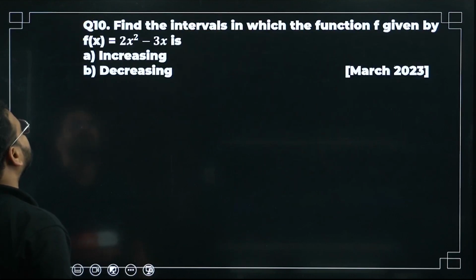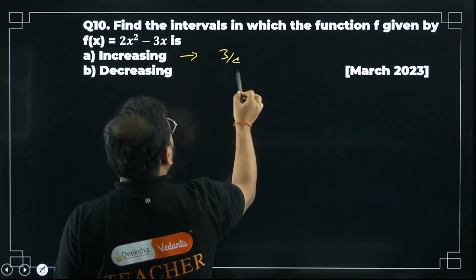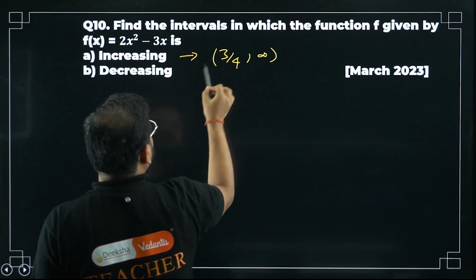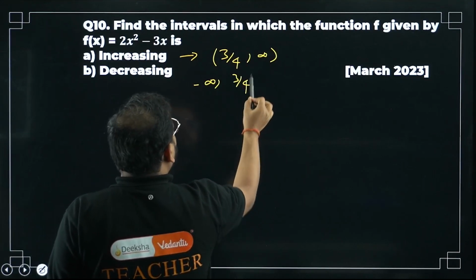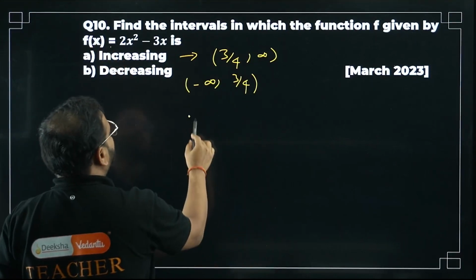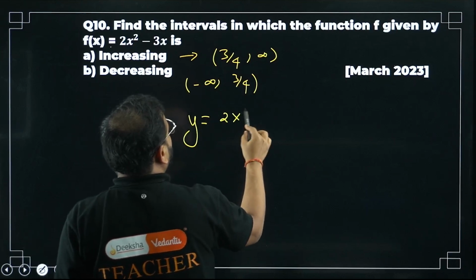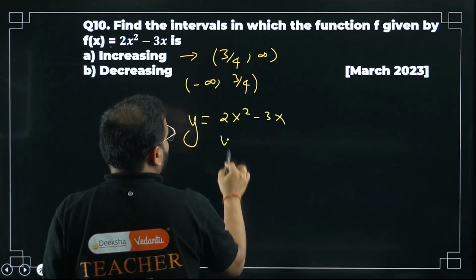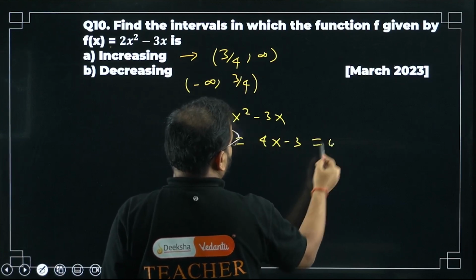So increasing is 3 by 4 to infinity. What will be the decreasing function? Negative infinity to 3 by 4. Both open. Correct? Take the derivative, no problem. I can solve again. Take the derivative of this after writing like this. Y dash is how much, sir? 4x minus 3 equal to 0. What are you getting?